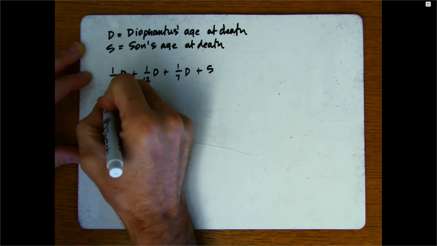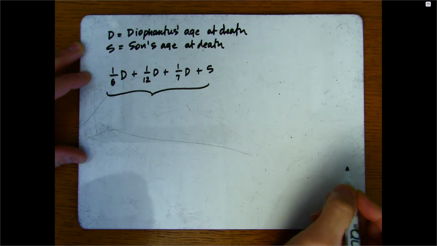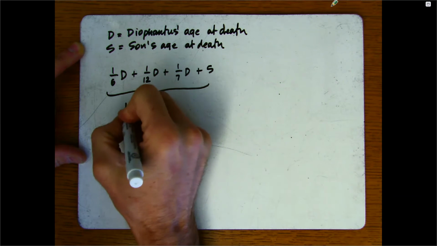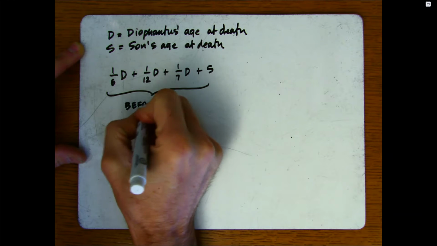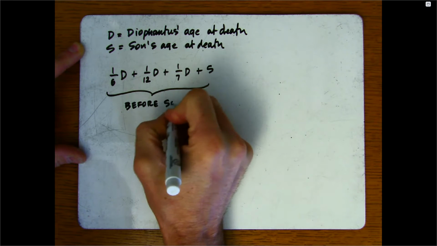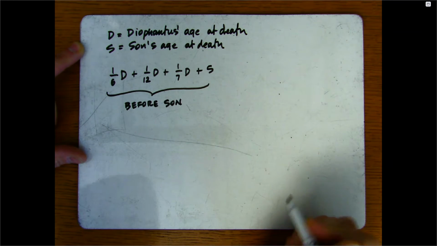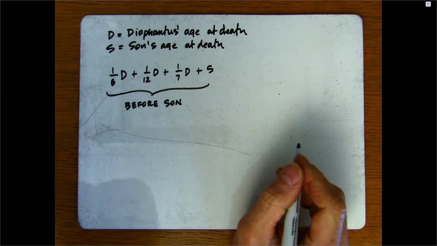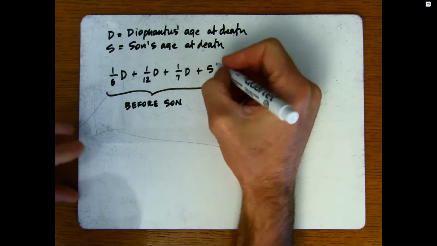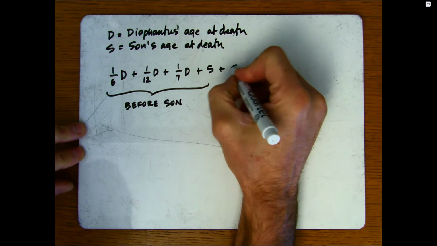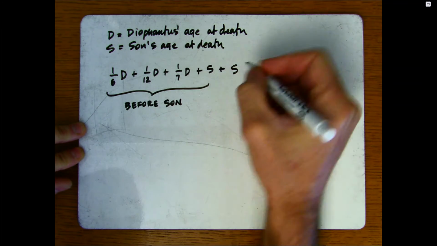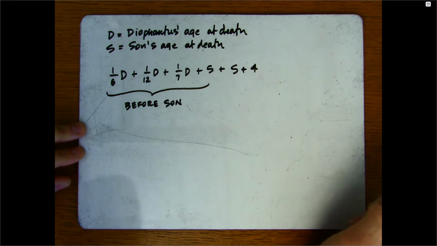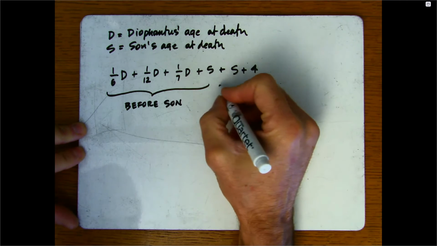This was sort of the length of his life without his son. So we could say this is before the son arrives. And then the son arrives and he lives for a certain number of years. So let's call that S. And then 4 years later, Diophantus dies.